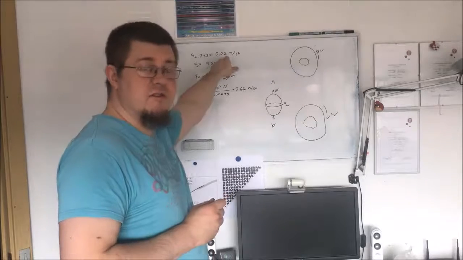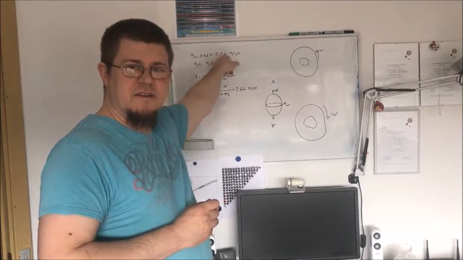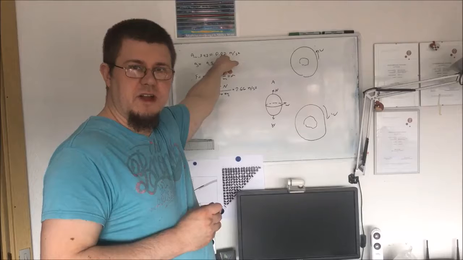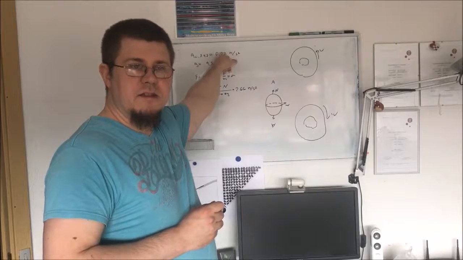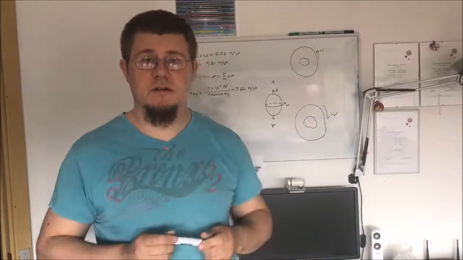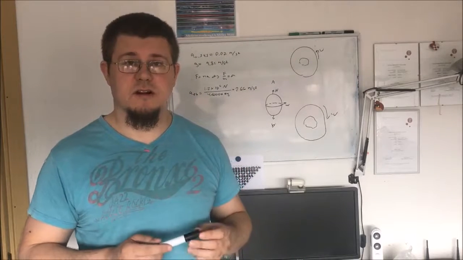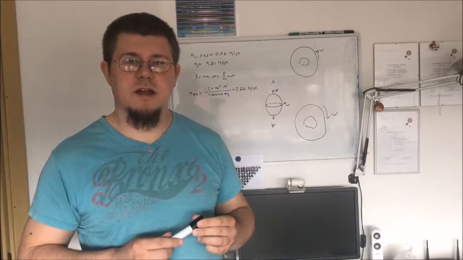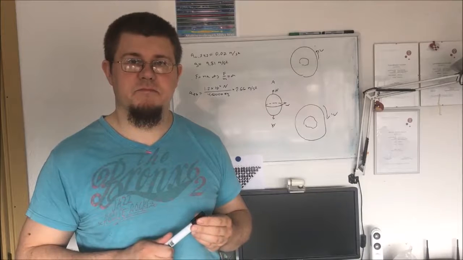This calculation here clearly shows that there is an effect from the Coriolis force on an airplane. There is also a similar force on a bullet or an artillery shell or something like that, an unguided missile.